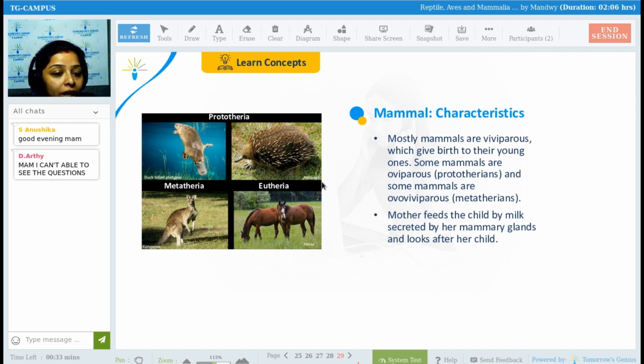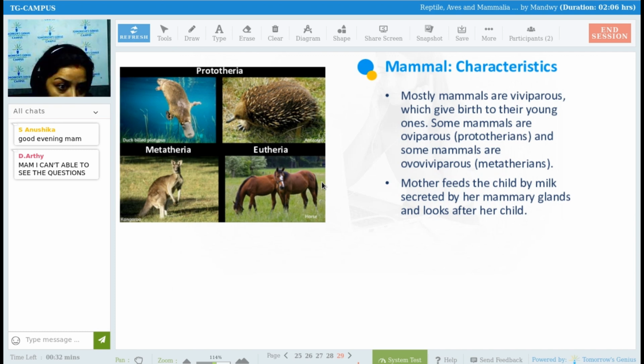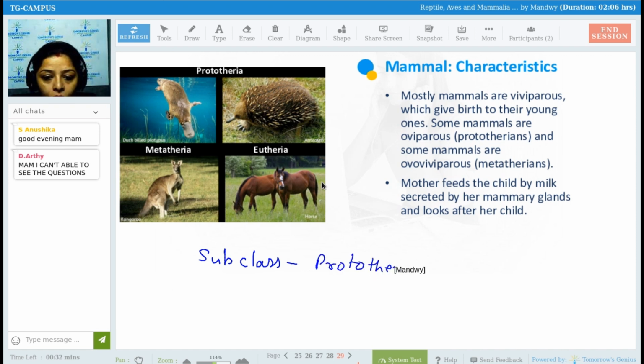Prototheria, they are strictly the oviparous mammals. Prototheria and Theria are the subclasses. Prototheria is considered as the primitive mammal. Proto means primitive form.